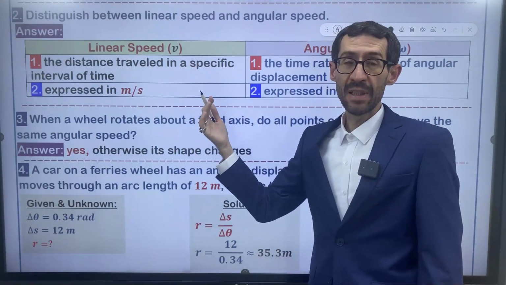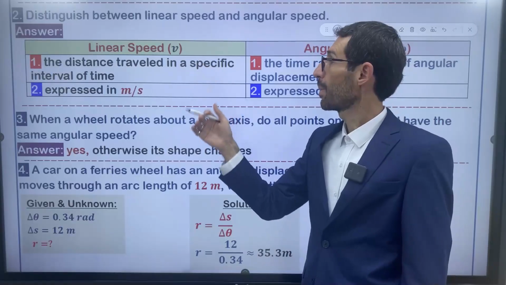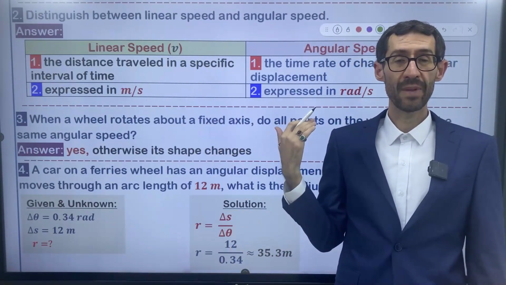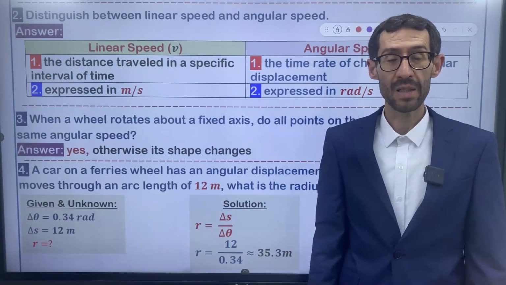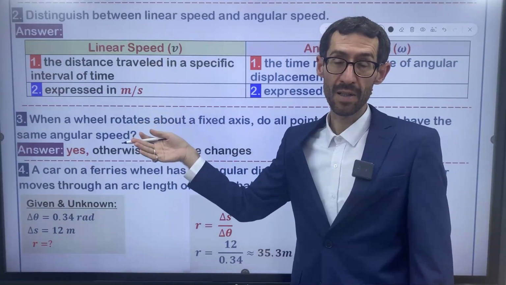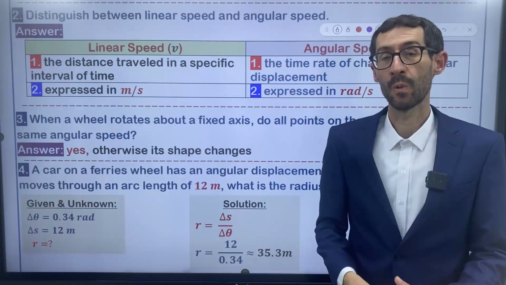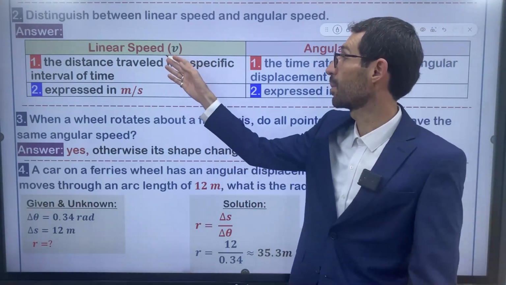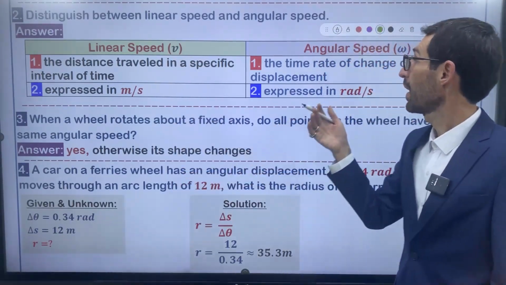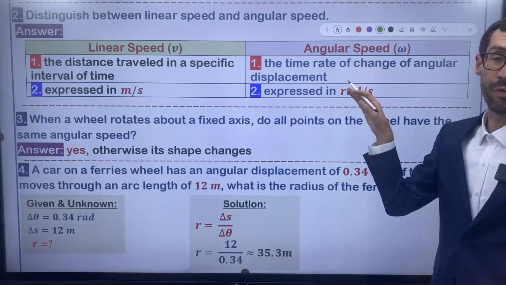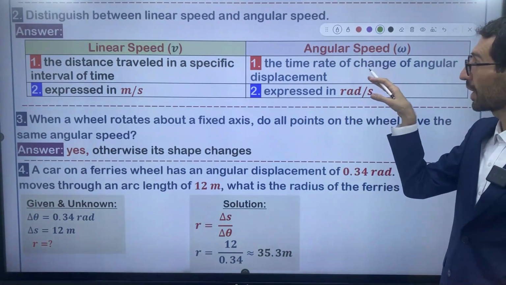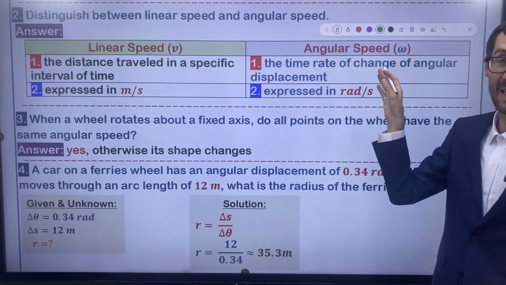So what's linear speed? I'm sure you know about linear speed because it's background for us. It's not new information. In grade 11 especially, we got a lot of information about linear speed. But angular speed is new for us; only in grade 12 did we study this subject.